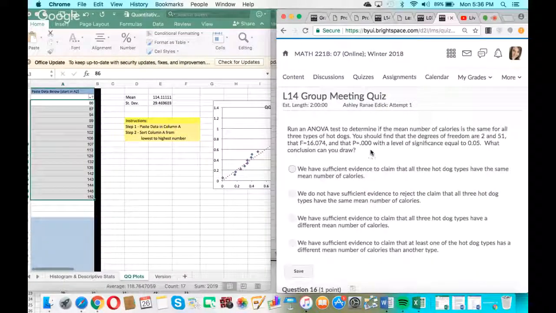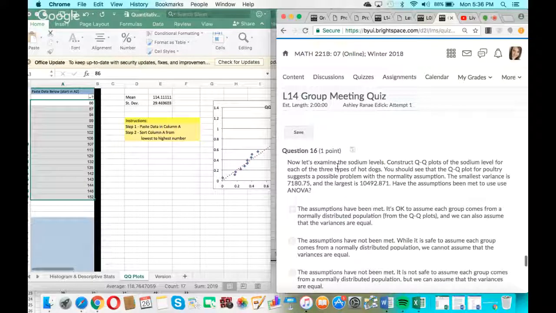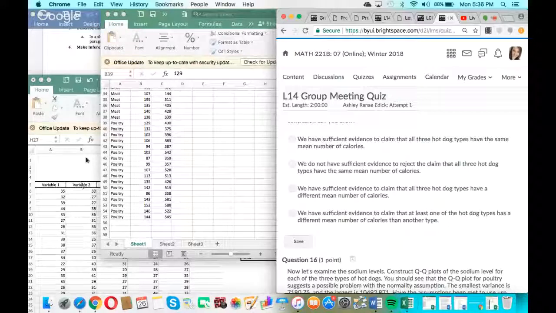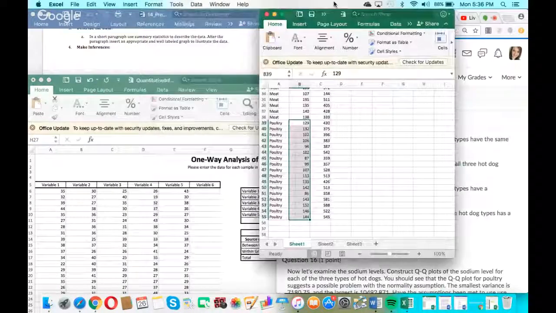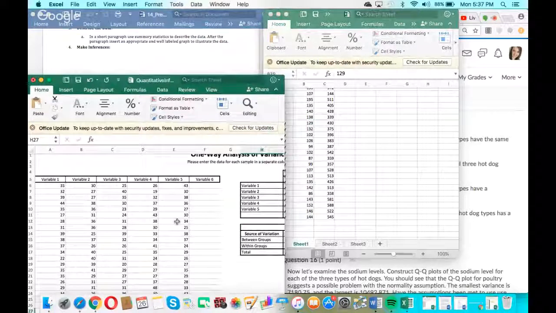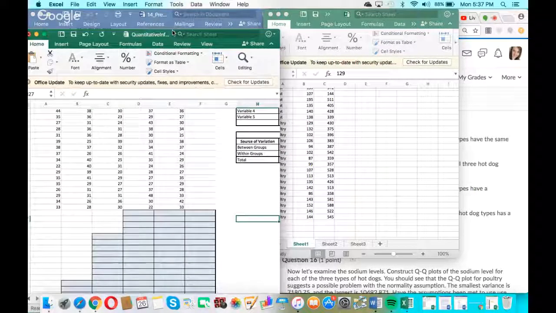Run an ANOVA test to determine if the mean number of calories is the same for all 3 types of hot dogs. You should find that the degrees of freedom are 2 and 51. That F is, am I going to need this Q plot thing again? Yes, gosh dang it. So let's move this back up here.